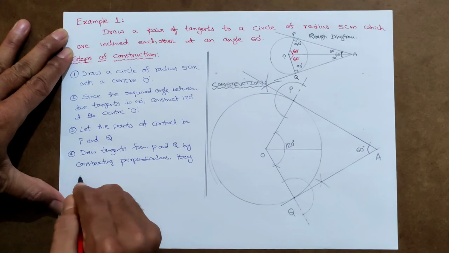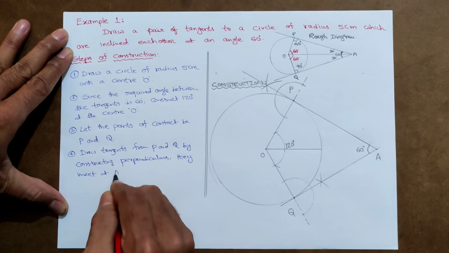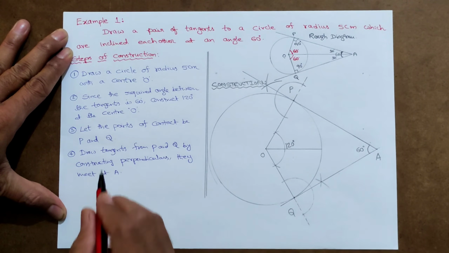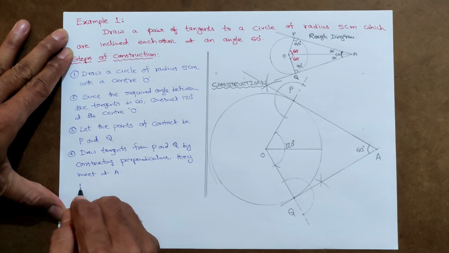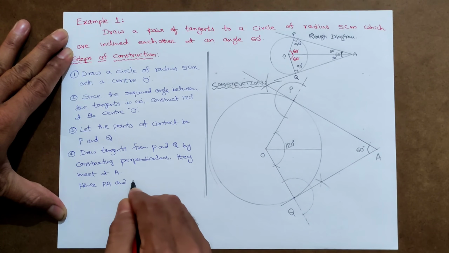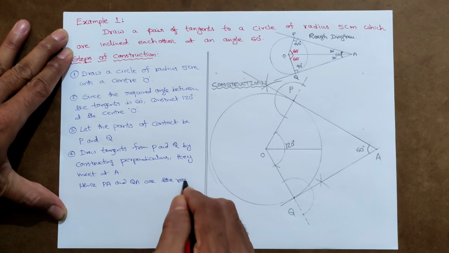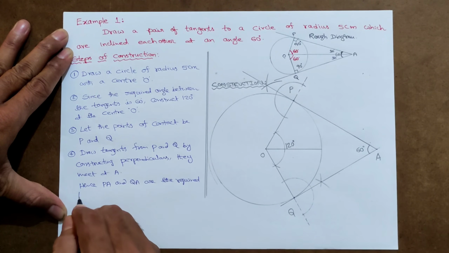They intersect or meet at A. Clear? Hence PA and QA are the required tangents.